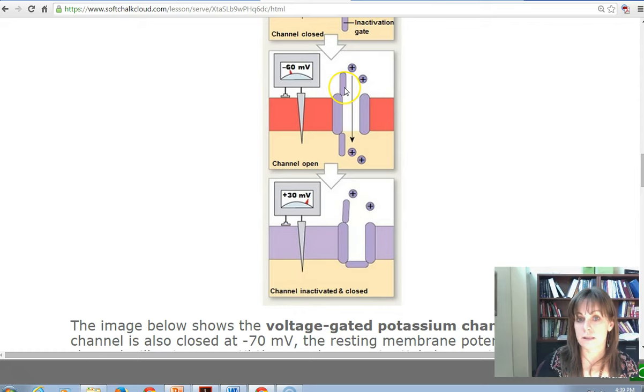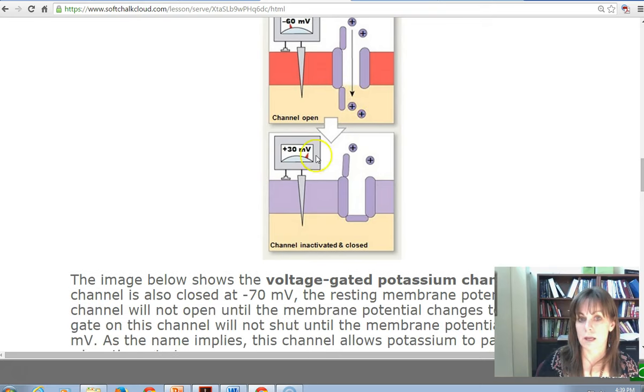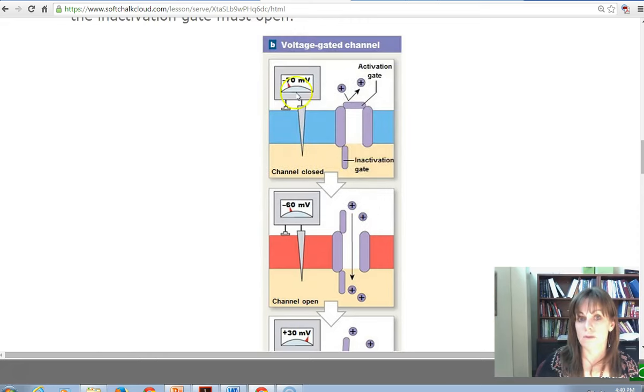At minus 60, both gates, this one actually has two gates, are open. And at positive 30, this other gate closes. The value of the voltage, remember minus 70 is that membrane potential, controls the gates.